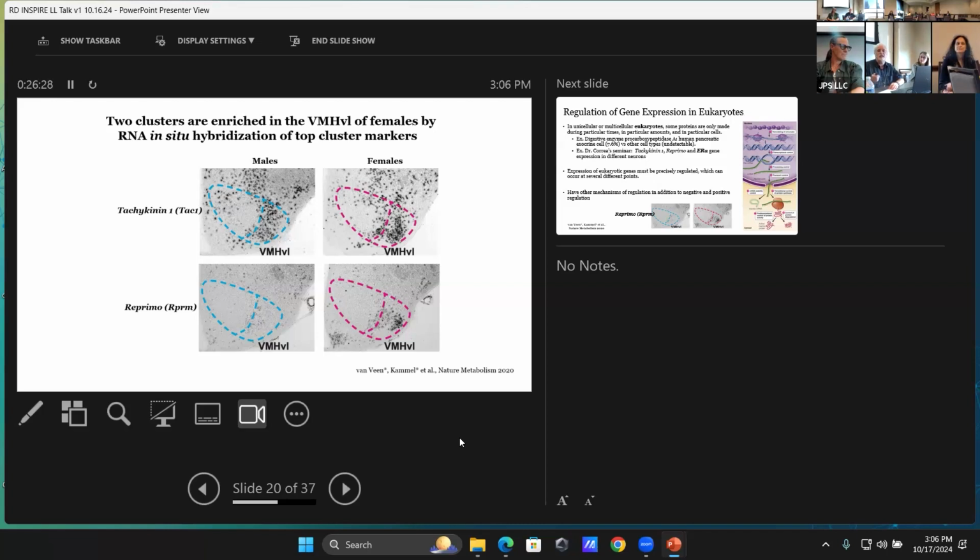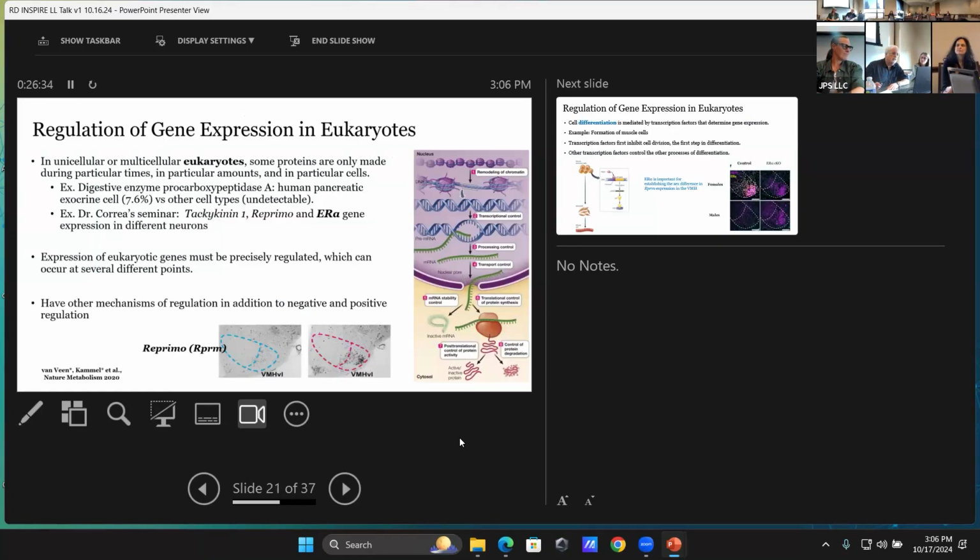Okay, so these are slides now from Shelley Tai at Glendale Community College, just showing how she leveraged this in her intro bio course. She built this into the classes where she's talking about how genes are regulated by tissue type and by cell type.